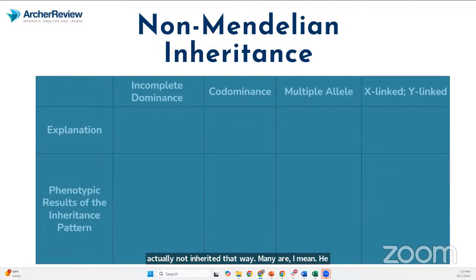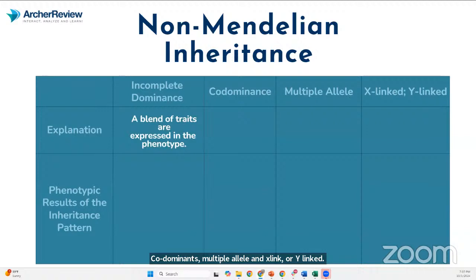And so we have 4 that we are going to look at very briefly tonight. And this will be wrapping up our presentation with takeaways and a couple of closing questions. So the 4 that we're going to look at tonight are incomplete dominance, codominance, multiple alleles, and X-linked or Y-linked. So these are non-Mendelian.